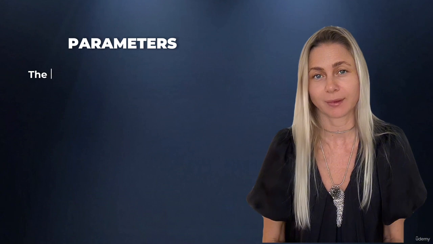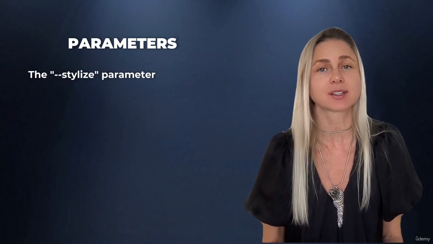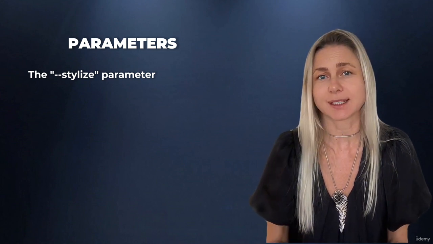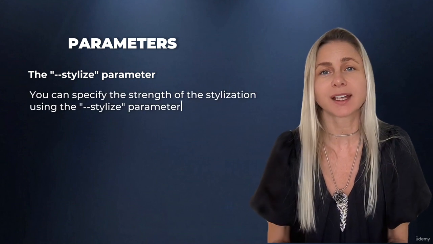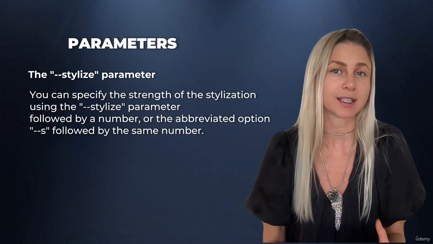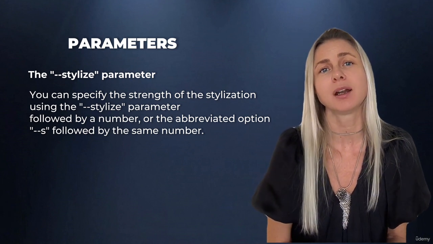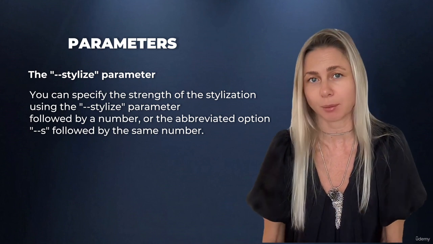The stylize parameter in Midjourney controls the strength of the platform's default aesthetic style on the generated images. You can specify the strength of the stylization using the stylize parameter followed by a number, or an abbreviated option followed by the same number.